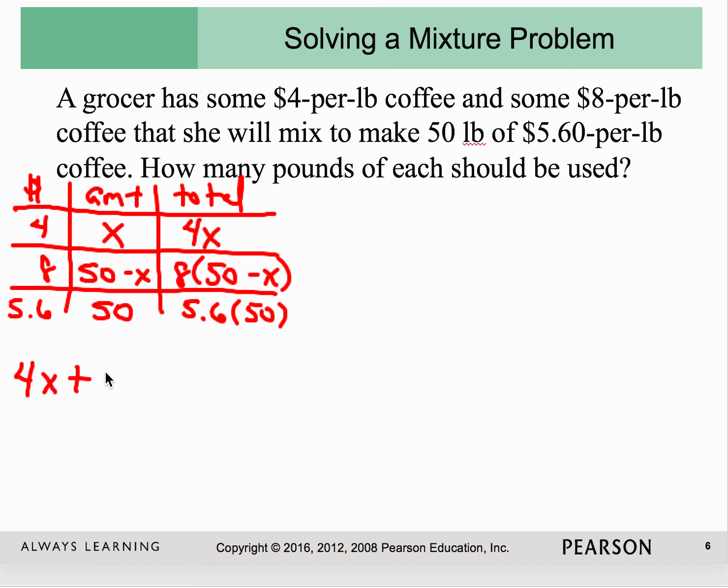4x plus 8 times 50 minus x equals 5.6 times 50. So I could go through here. I see that's got a decimal, so I could go through here and make this number 40 and that 80 and that 56.